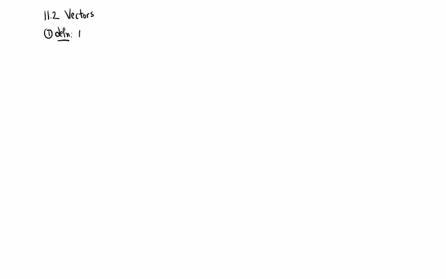So technically speaking, a vector, let's say in 3D, we'll sort of flip back and forth between 3D and 2D here. A vector in 3D is an ordered triple of real numbers.